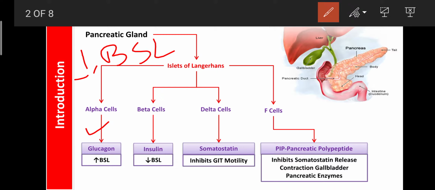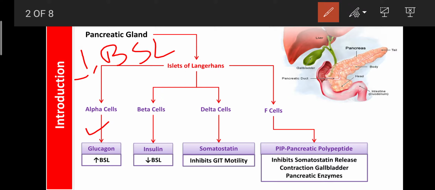Without ATP, without energy, the tissue cannot survive. So when our blood sugar level decreases due to fasting, or when we are vigorously doing exercise more than the regular time, the muscles utilize more ATP, and automatically the blood sugar level decreases below normal.